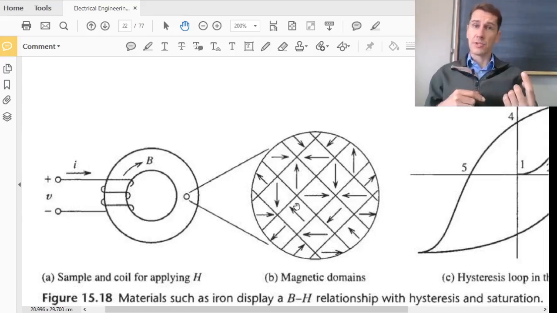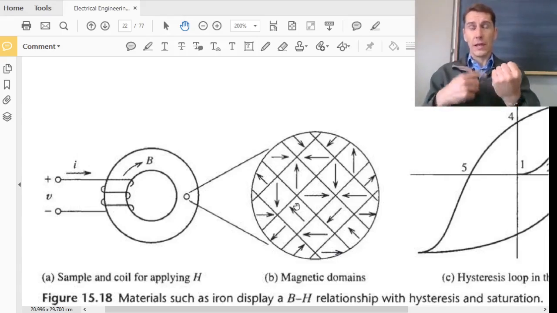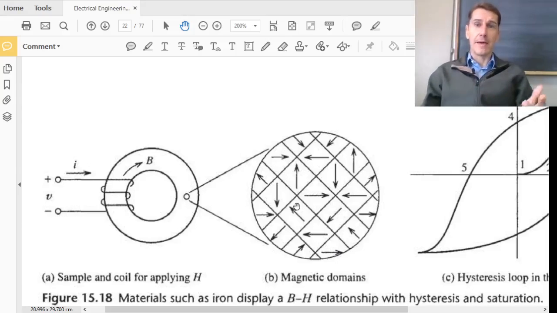And as we mentioned earlier, all magnetic fields are set up by electrical current, even if it is on an atomic level with electrons running around. So those groups of atoms have the resultant effect of the electrons running around them creating a magnetic field pointing in a specific direction for that specific domain.